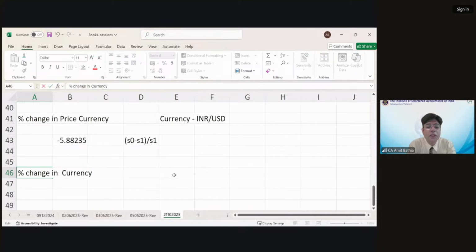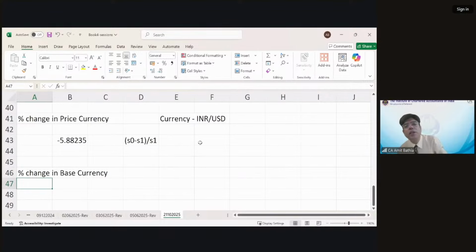And which is the base currency? Base currency is dollar, right? Base currency over here is dollar. So how do I calculate percentage change in base currency?